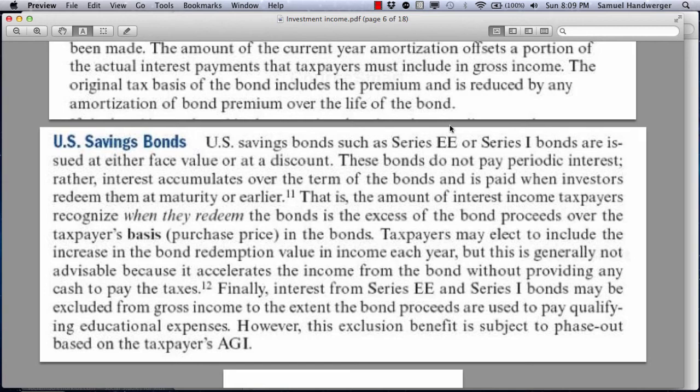You invest in an EE bond or an I bond, let's say when a child is born, and the child grows up to be age 18 or 17 and goes away to a qualifying educational establishment like the University of Maryland, and you use those bonds, which now have interest attached to them over the time that the bonds have been held, which you otherwise would pay tax on if you redeemed it, but instead you use the bonds.